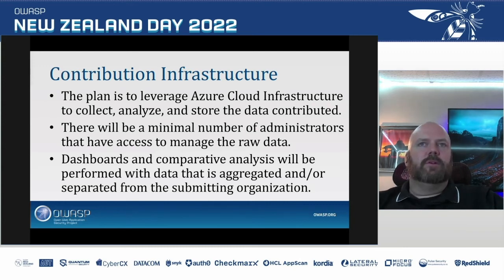We want to let organizations do internal comparisons or measure trend data, and then compare themselves over time. But we also want to be able to publish more population-level data, to understand the state of software security within different regions or globally, depending on different size companies and so on.